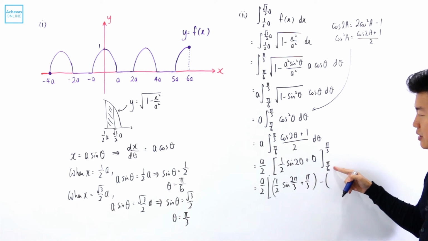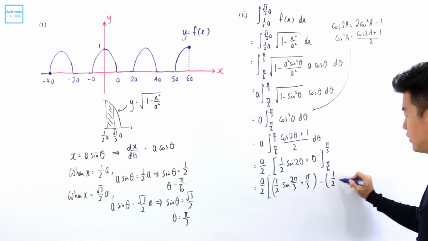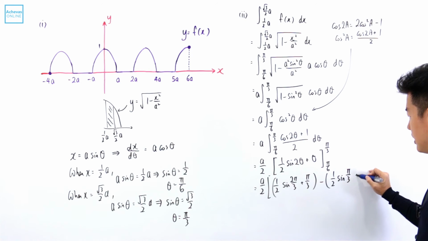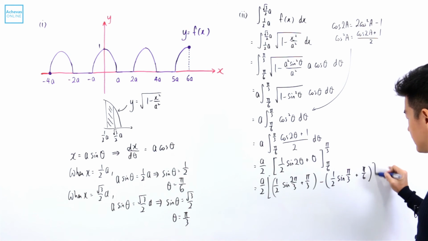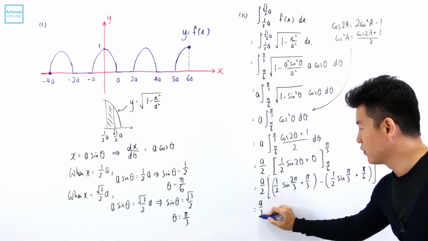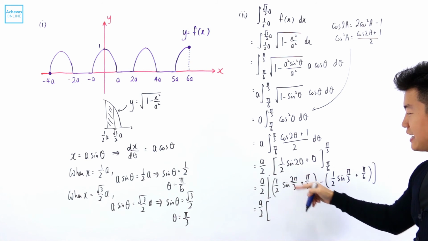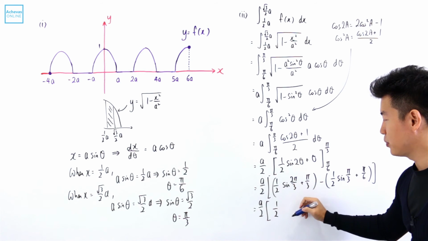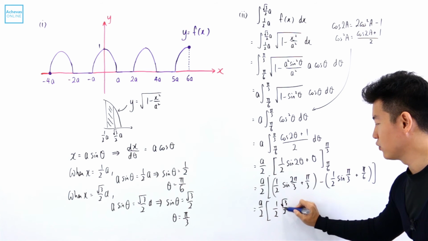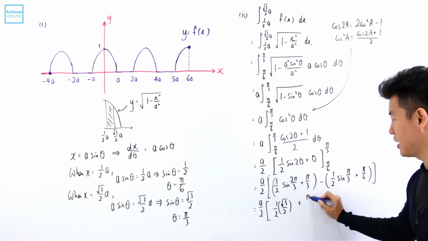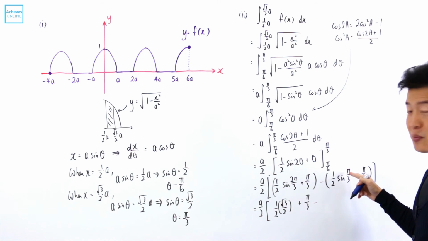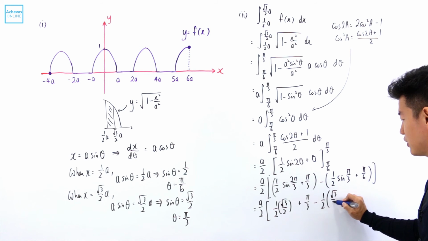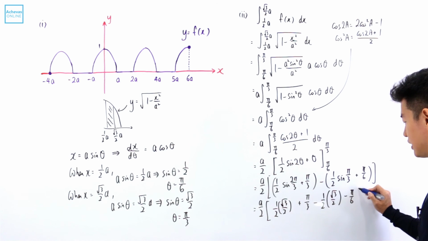Minus, substituting pi over 6 into here, it is half sine of pi over 3 plus pi over 6. Half sine 2 pi over 3 is half of square root 3 over 2, plus pi over 3, minus half of sine pi over 3, which is also square root 3 over 2, minus pi over 6.